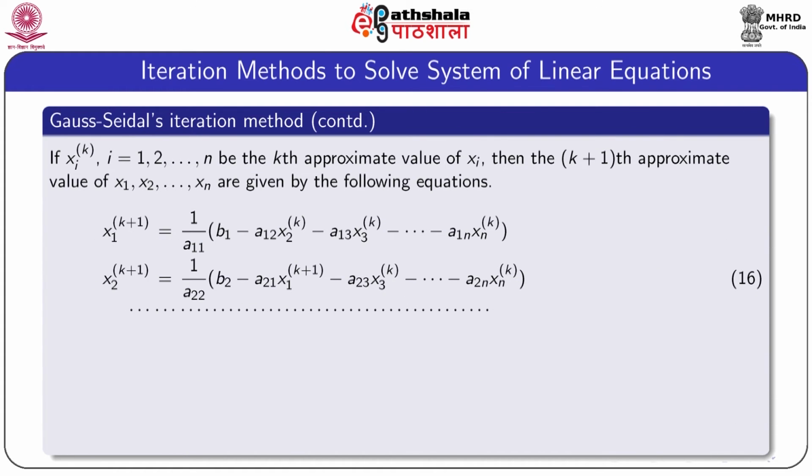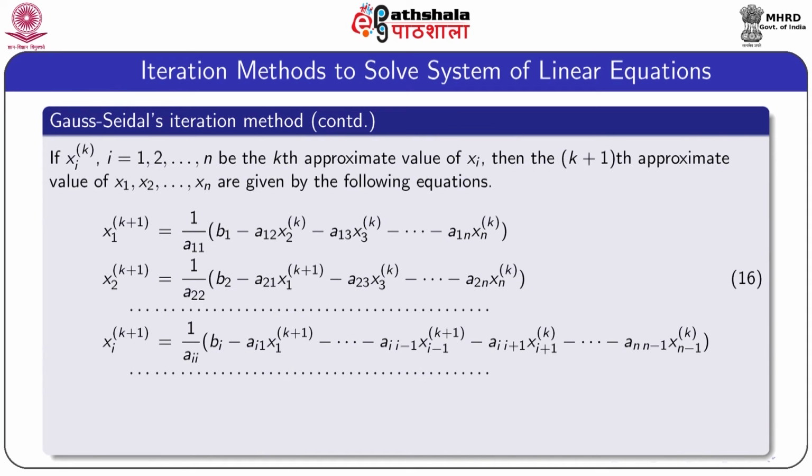Next, we calculate the (k+1)th iterated value of x2 using this formula. In this formula, we have used the (k+1)th iterated value of the variable x1, which was obtained in the first equation, and the kth iterated values of the variables x3 to xn. Using these values, we calculate the (k+1)th iterated value of x2.